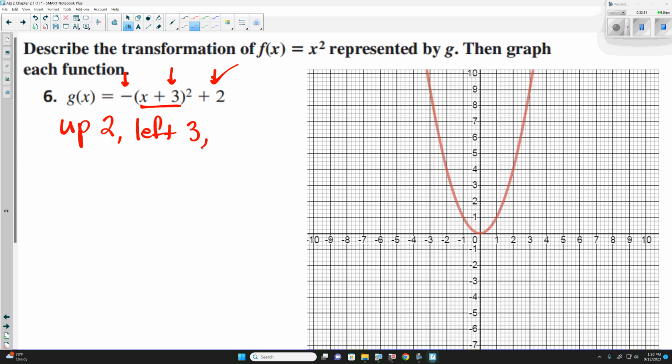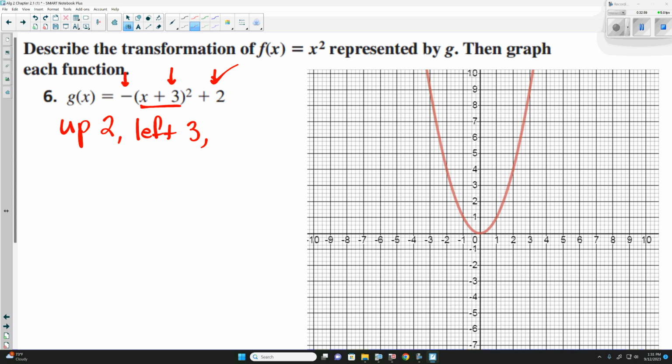Multiplication, because horizontal stretch or shrink, that value is going to be right there. Because the multiplication, 1/3 x inside the parentheses, is the horizontal stretch or shrink. When I add it, x plus 3, that plus 3 is our left right. When we multiply the number in front, that's our horizontal stretch or shrink.